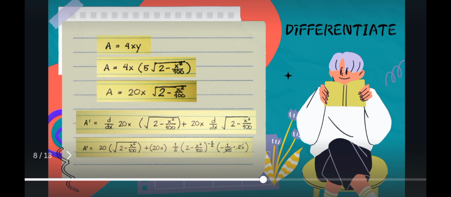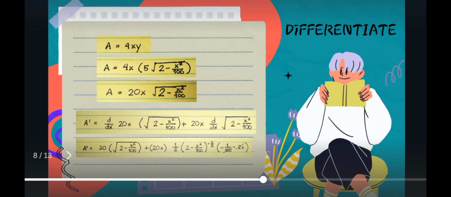Therefore, A prime is equal to the derivative of 20x times the square root of 2 minus x squared over 100, plus 20x times the derivative of the square root of 2 minus x squared over 100. So the derivative of 20x will be 20, copy the square root of 2 minus x squared over 100, plus 20x, and then to get the derivative of the square root of 2 minus x squared over 100, we will use the chain rule.